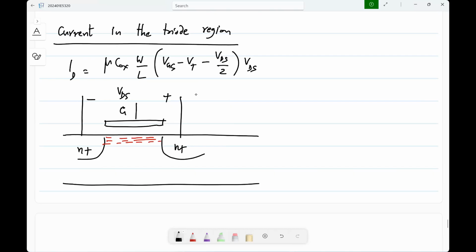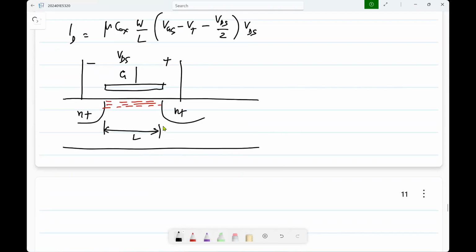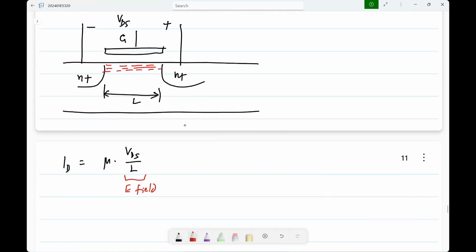Okay. So what is the electric field? VDS by L. That's all, right? So this is the channel length. So it will be mu times VDS by L. So this is the electric field and this is the drift velocity. Okay.